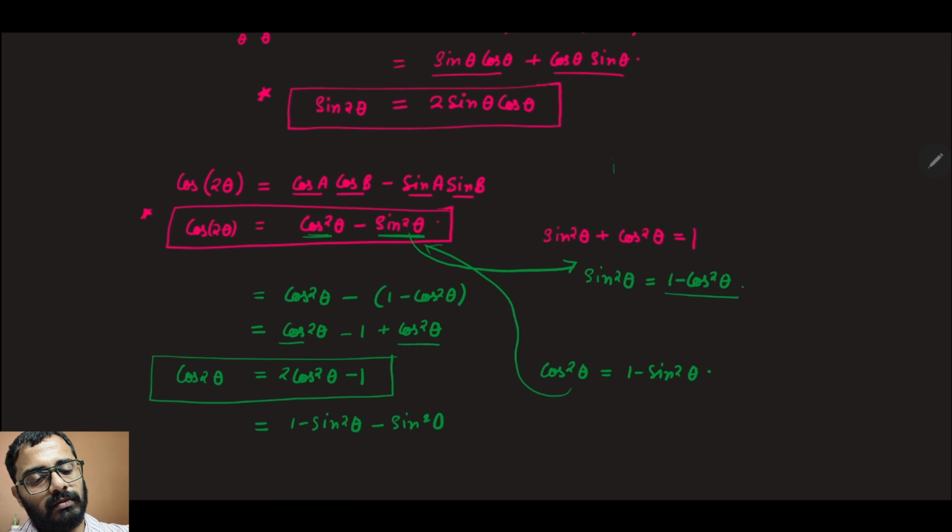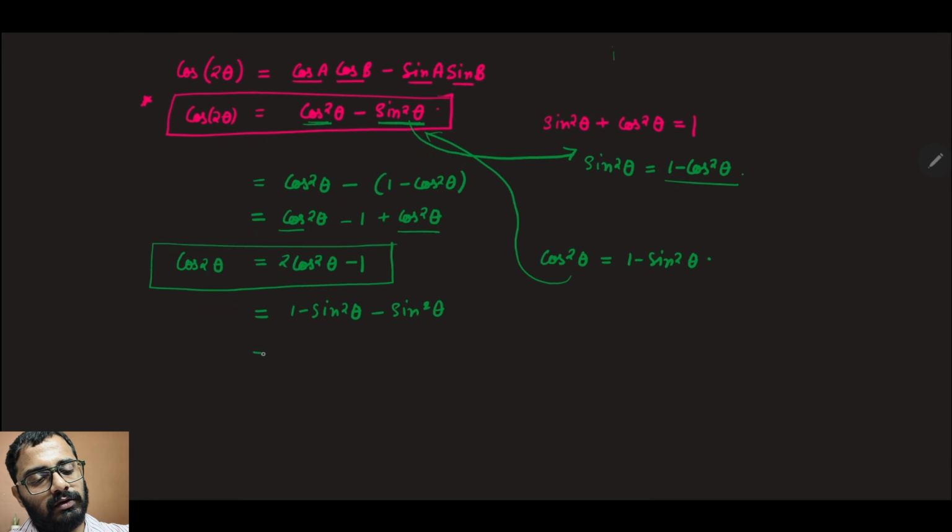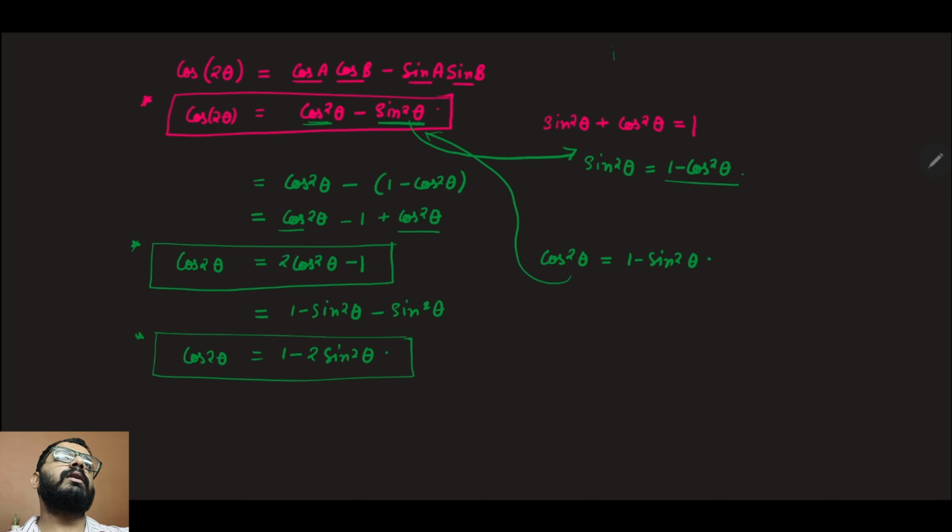It is 1 minus 2 sin square theta. This is cos 2 theta. So for cos 2 theta, you have to remember these three identities. All are going to be important in different questions, where you will use different identities. So these three you have to remember.